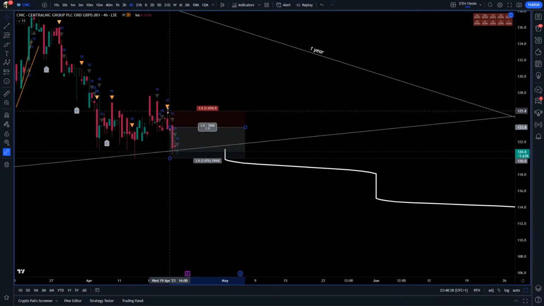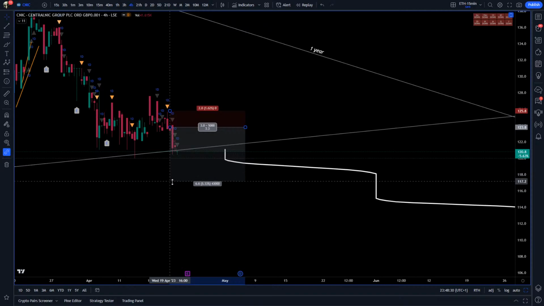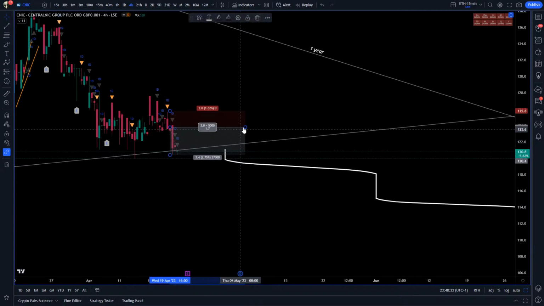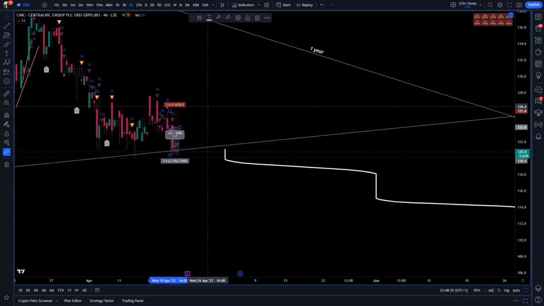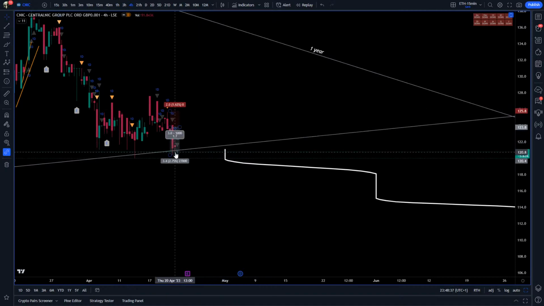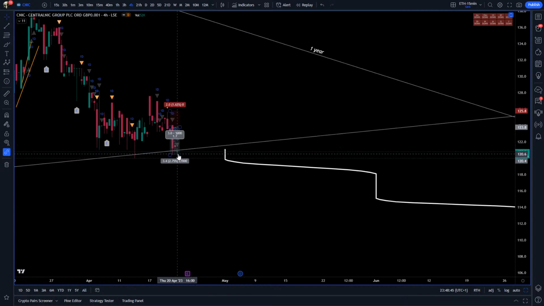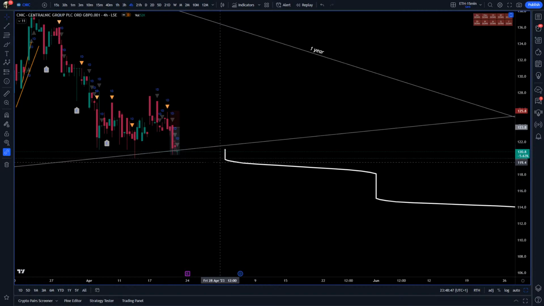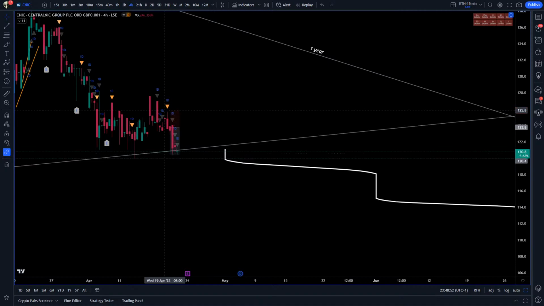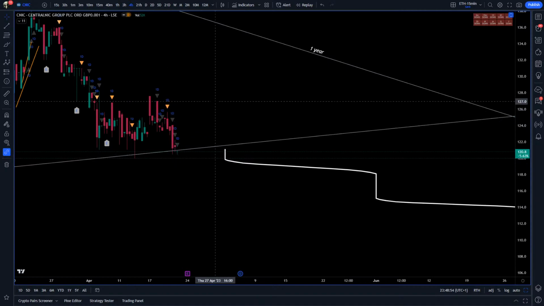For the short position, we set our stop loss here, we take our profit over here, and we wait for what the market tells us. The market may do a bit of correction, or the market may continue down before making a correction, and we enter the market again when there's another daily signal coming out.